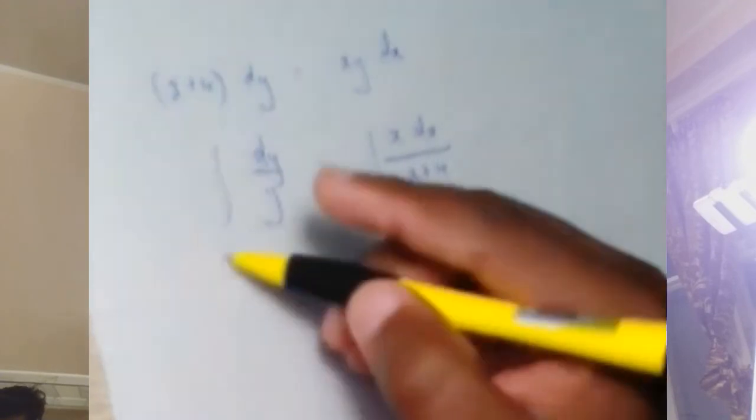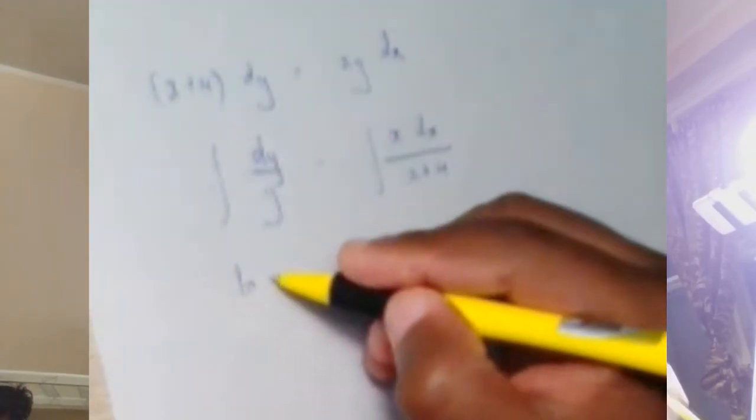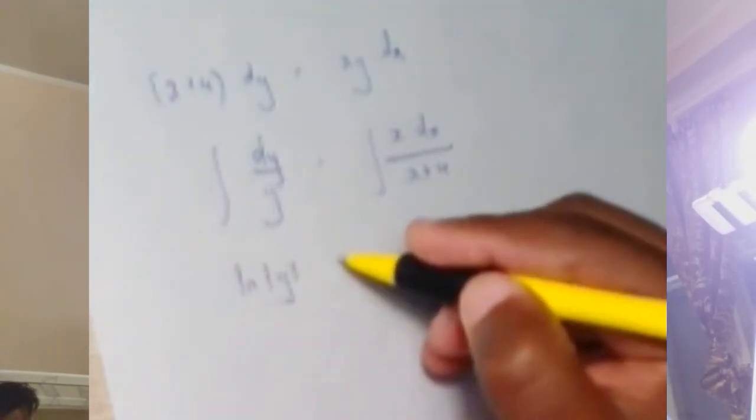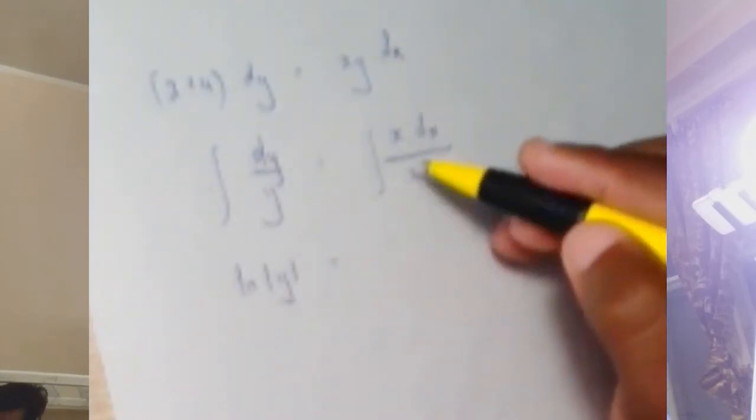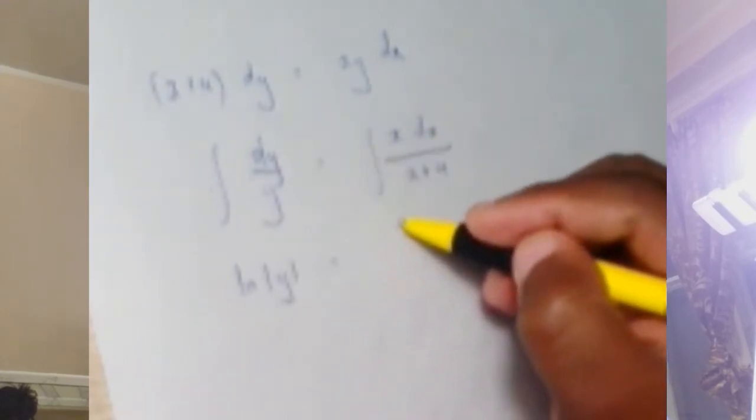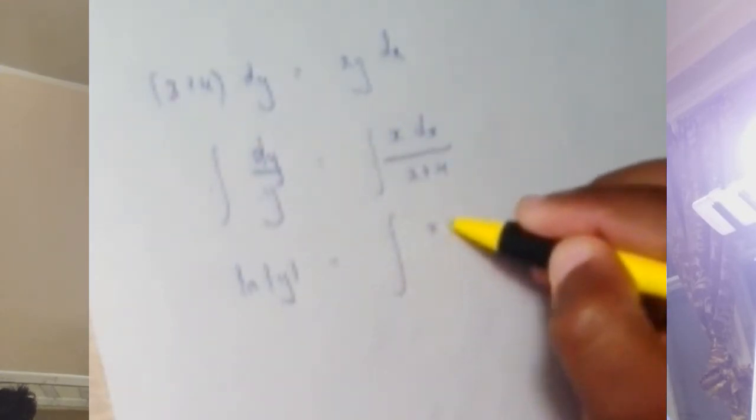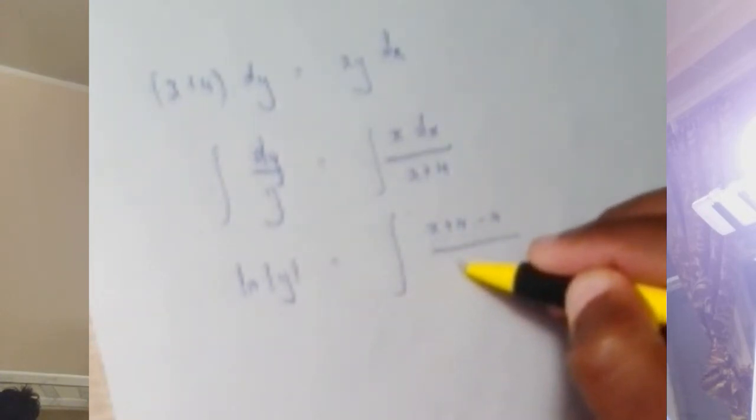And like always, we need to integrate both sides, and on the left side I'm left with ln modulus of y is equal to, now look at how I'm going to write this expression. I can write it like (x + 4 - 4) divided by (x + 4) dx. This 4 minus 4 will remain 0, but I've written it this way so that I can partialize this fraction.